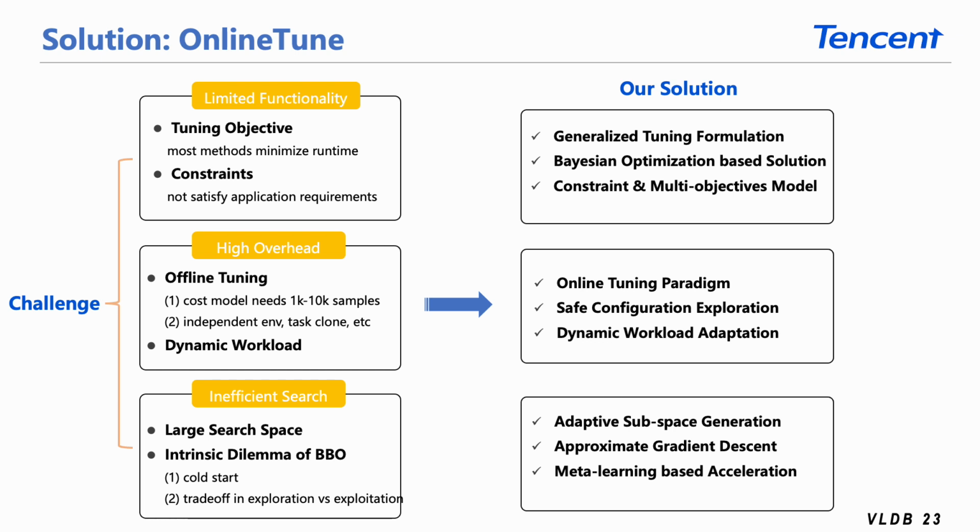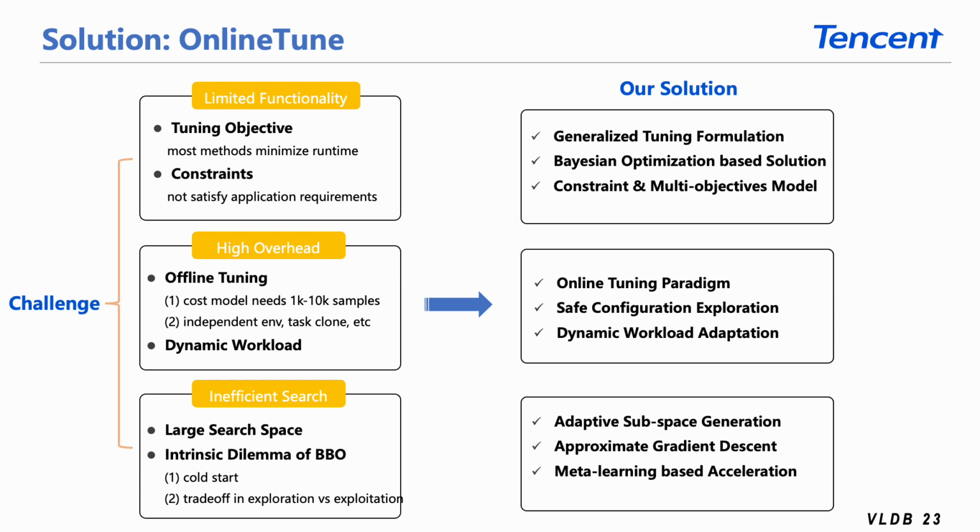Second, considering the high overhead issue, different from offline approaches, we propose an online tuning paradigm, in which we tune parameters along with the in-production periodical executions of each Spark job, thus incurring low additional execution cost compared with offline methods.